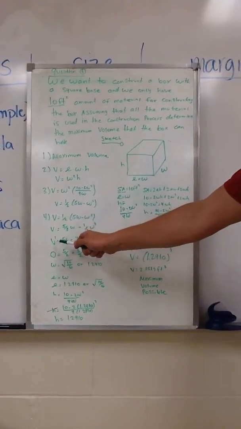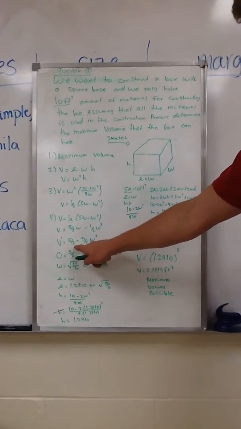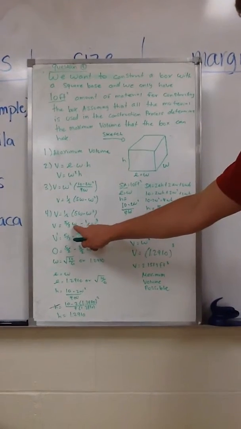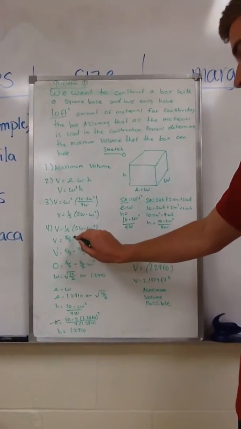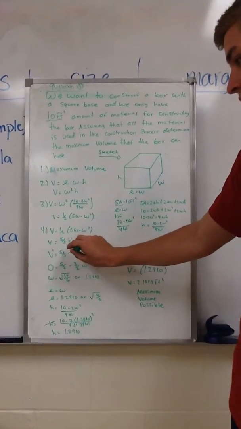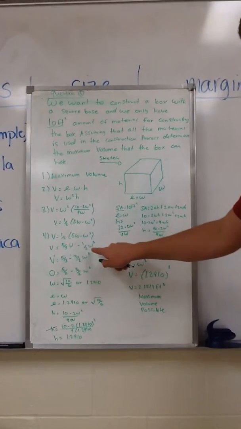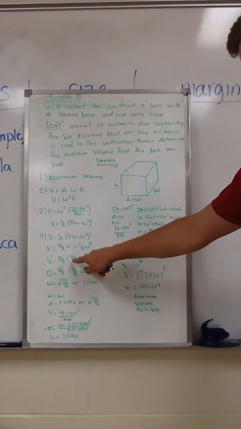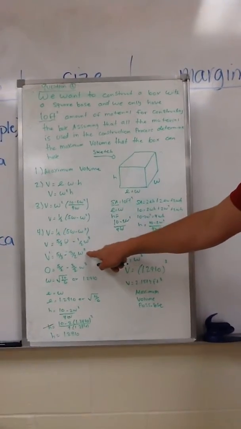Now our V prime, which is our derivative, is going to equal 5/2, because our W goes away down here. And our next one is take our 3 to the front, so 3/2 W with 3 minus 1 from the exponent equals 2.